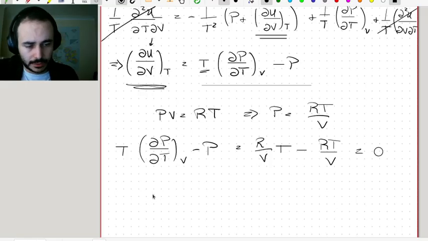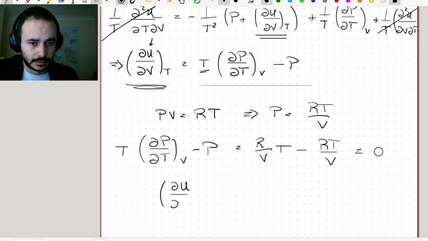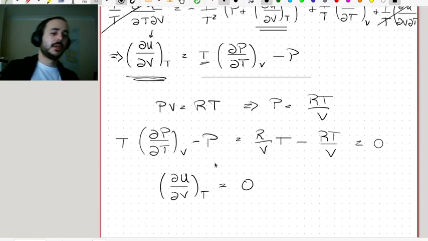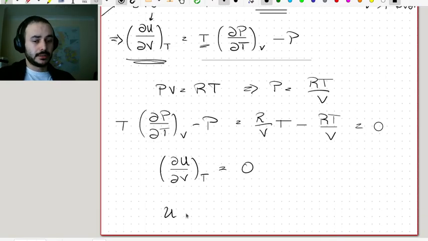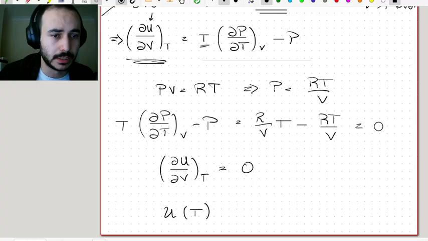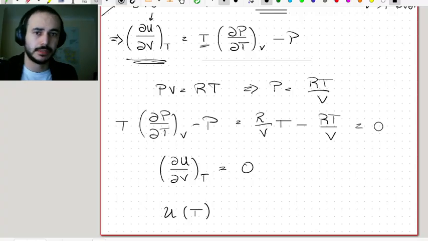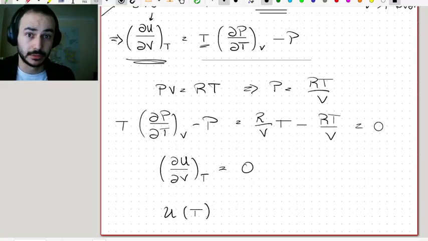So what we have shown, without taking any experimental result, is that simply because entropy exists, the ideal gas has an internal energy that only depends on temperature and not on volume. This kind of problem will come up very frequently in the second part of the subject, in advanced thermodynamics.